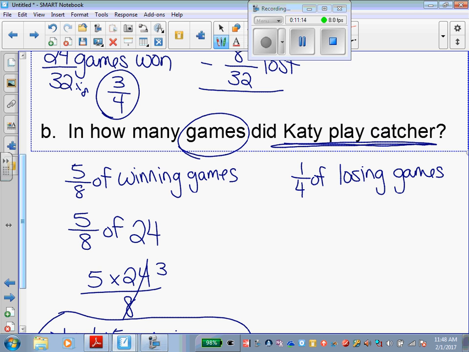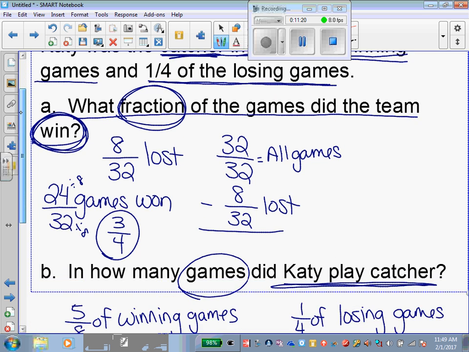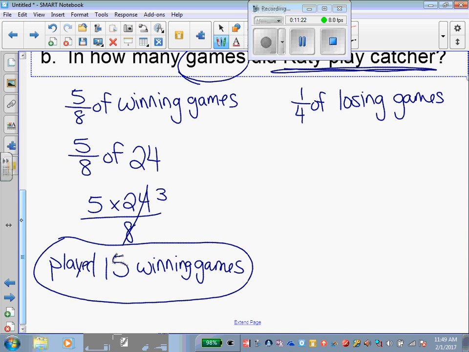How many games were lost? 8. In the very beginning it says they lost 8 games. So if she played in 1/4 of the losing games, then that is 1/4 of 8.